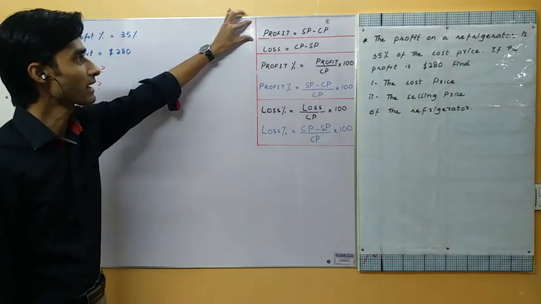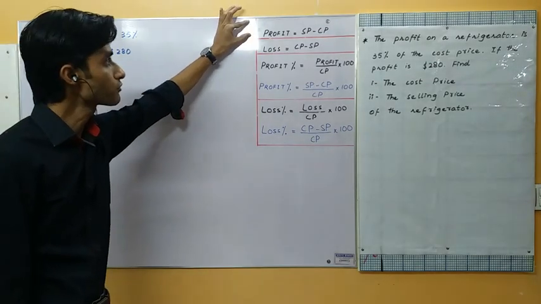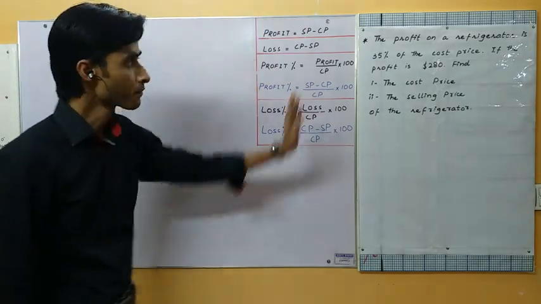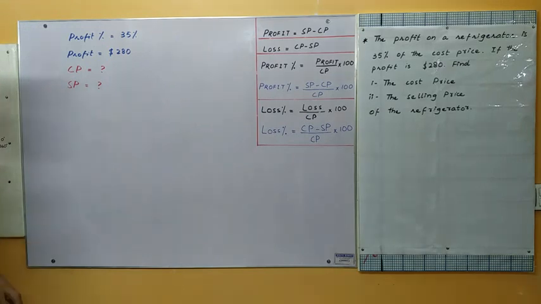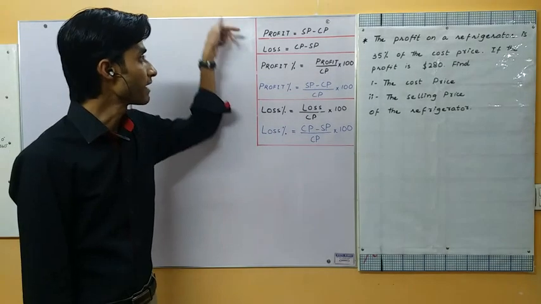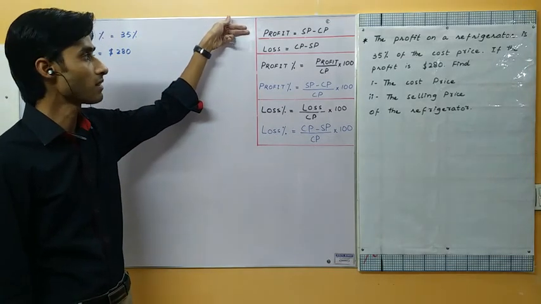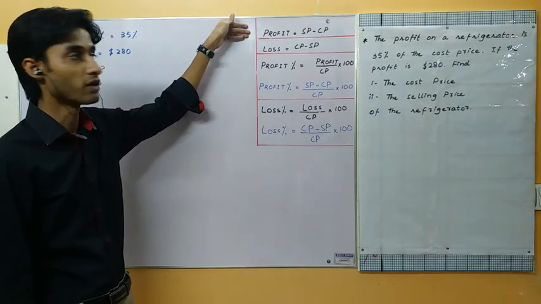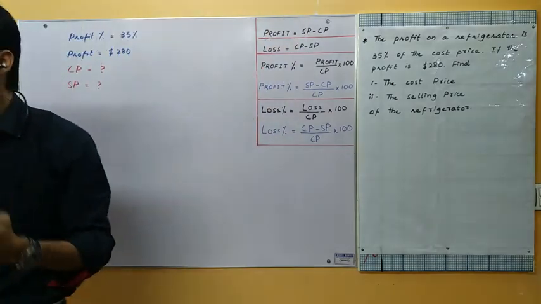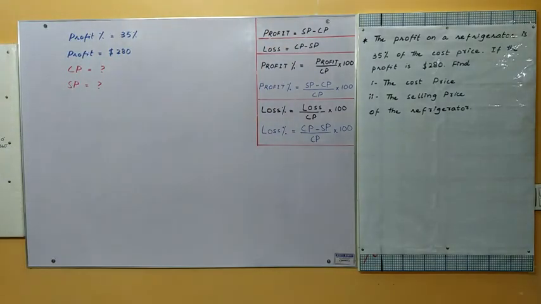Right now, can I use this formula? In this formula, profit is there, selling price is there, cost price is there. Selling price and cost price are the two unknowns, so this formula will not work because it carries two unknowns. I cannot go for a formula involving two unknowns.